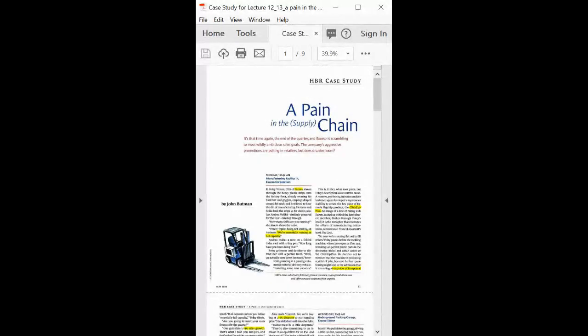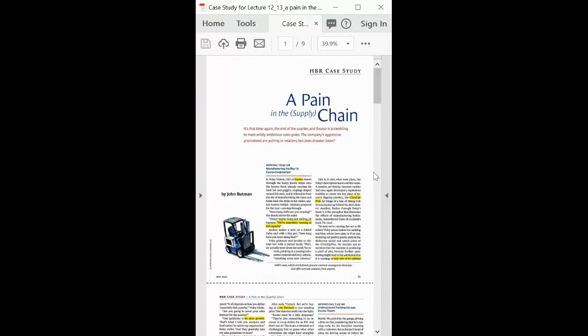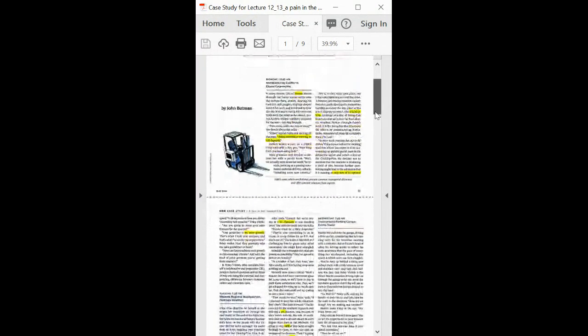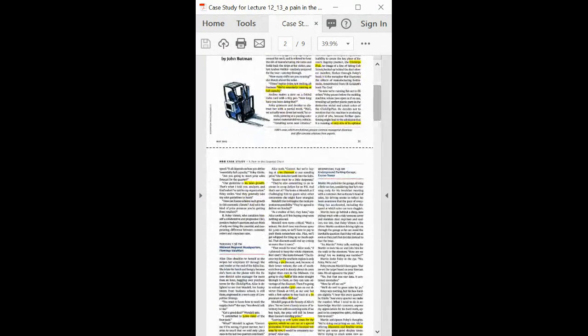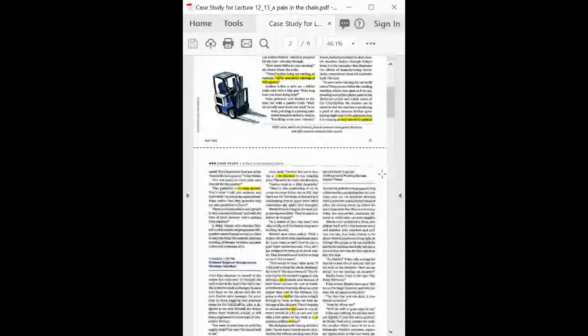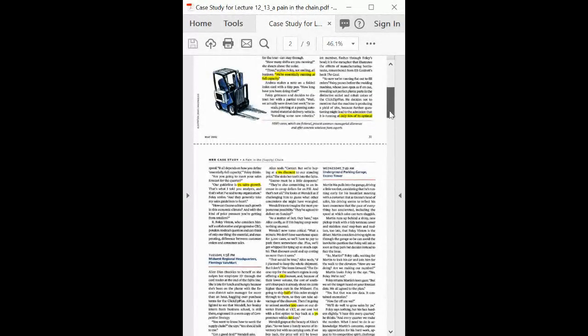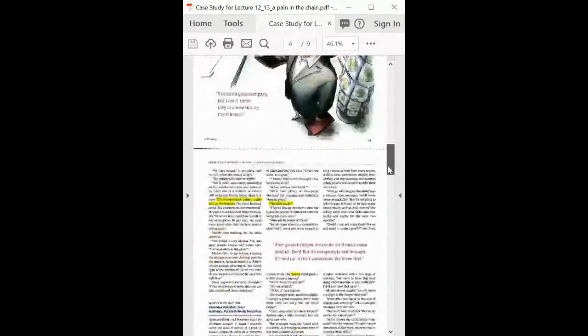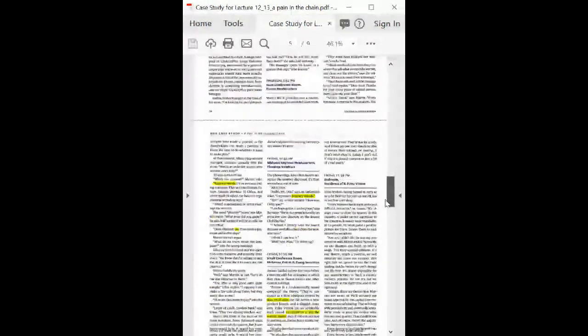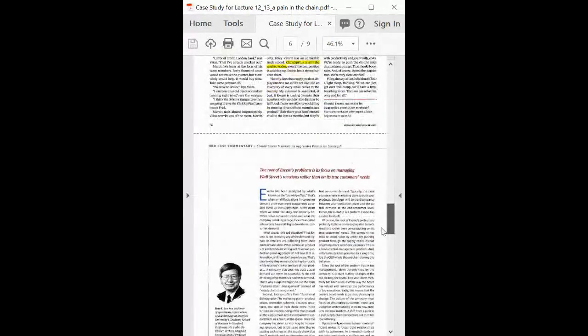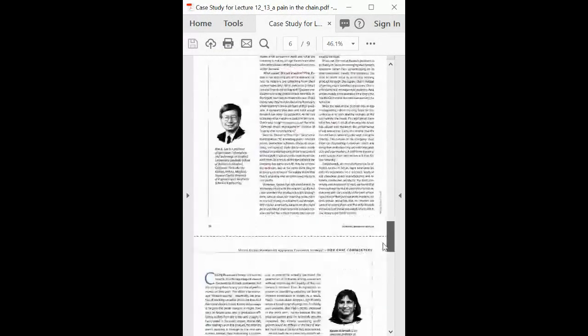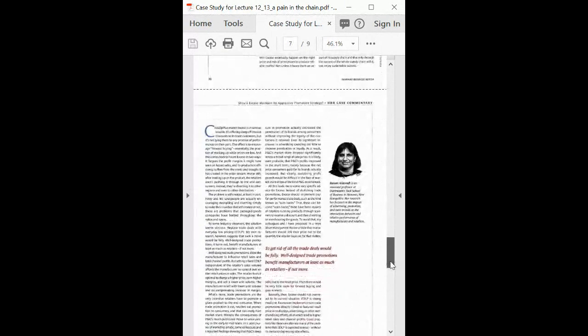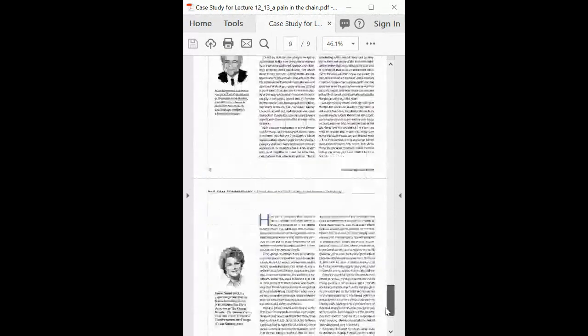Okay. So, what's your impression of the case study? Do you find it quite confusing because there is too much information involved? As you can see, it's about the company, what actually happened, and we have different people's comments about different aspects of the supply chain.